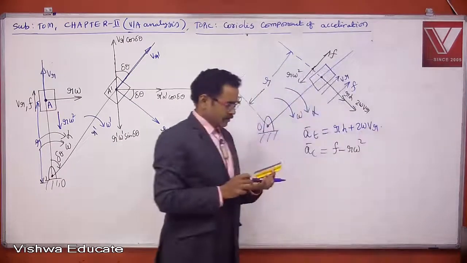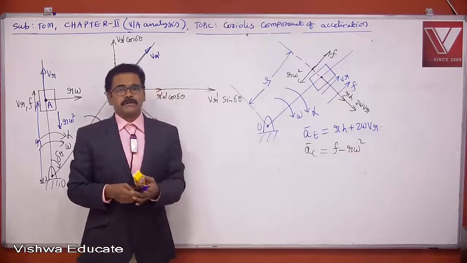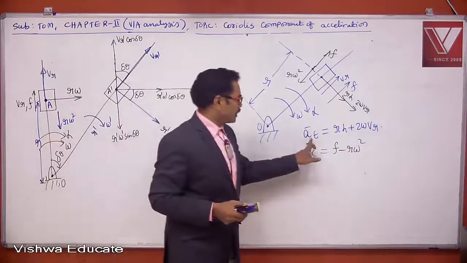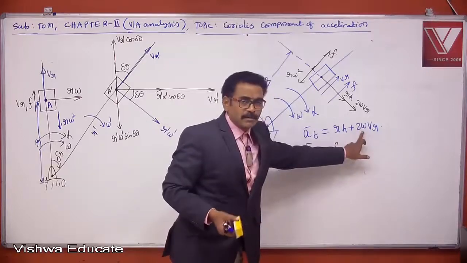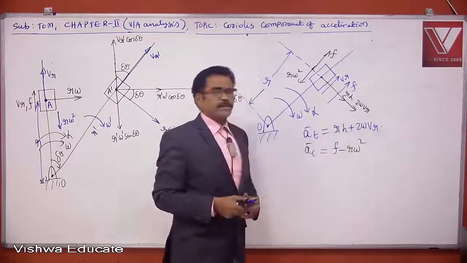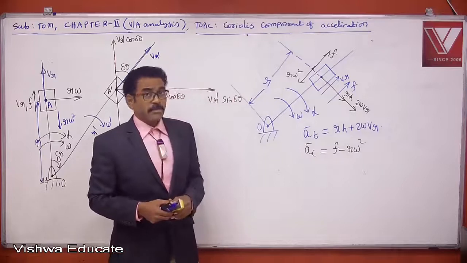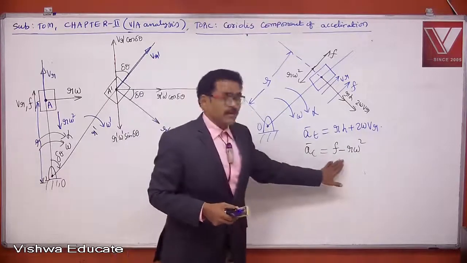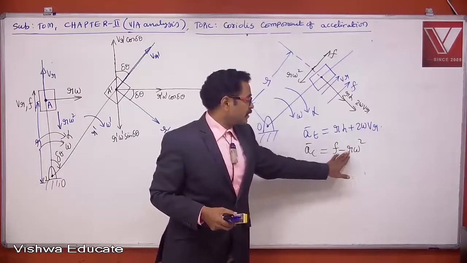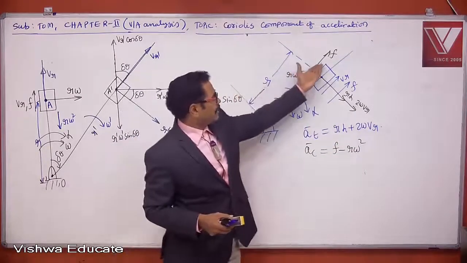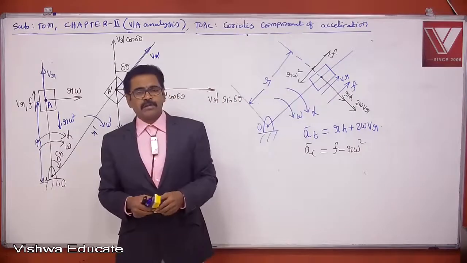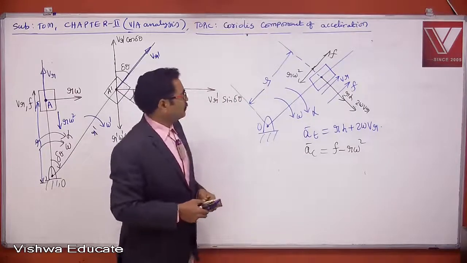You should be careful about the direction of these vectors. In total tangential acceleration, there are two components. If both are acting in the same direction, you have to add. If they are acting in opposite directions, you have to subtract. Similarly here, if centripetal acceleration and radial acceleration act in the same direction, you have to add. If they act in opposite directions like this, you have to subtract. So be careful about the direction of these vectors.